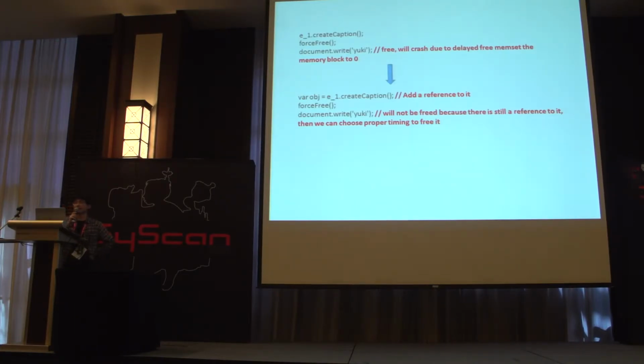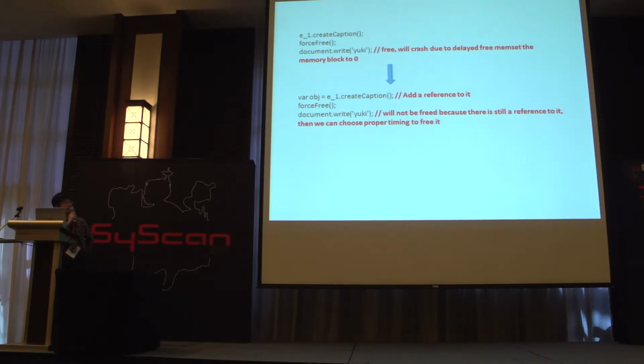When it is found by our fuzzer, it will immediately crash when executing the statement document.write uKey. It crashes because when the object is freed by the deferred free, the memory of this object will be cleared to 0, and later when it is accessed again, it crashes due to a null pointer dereference.